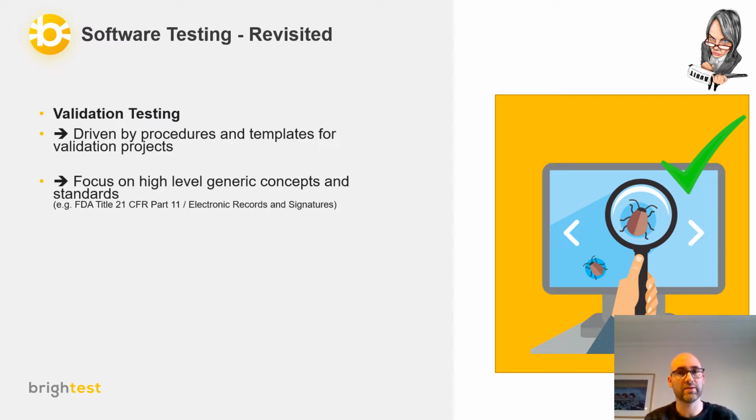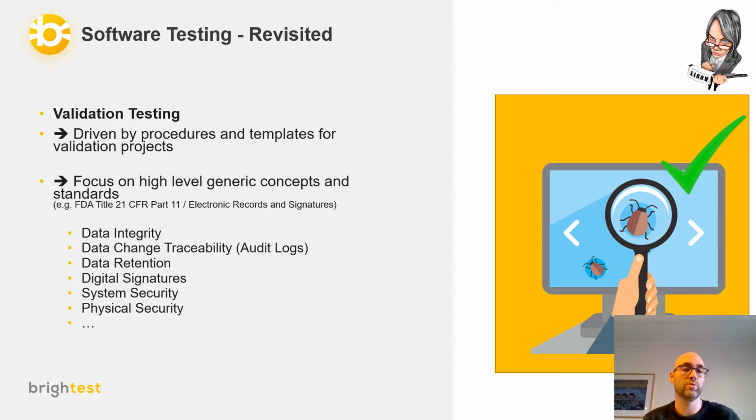An important one in that area for electronic, digital, modern systems is the FDA Title 21 CFR Part 11, which handles electronic records and electronic signatures. But in general, most of the topics that will be under focus for regulation and audits are things like data integrity of the system, the traceability of changes to the data called audit logs, data retention, since most of those data needs to be available for multiple decades, digital signatures, system security, physical security, and so on.